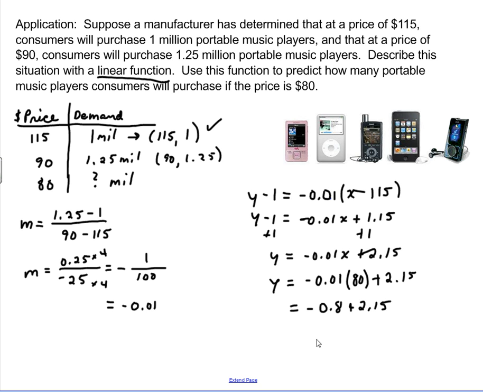Right? And if we do some of the work right here, we're going to find that y is equal to 1.35. So that means that if we set our price at $80, we should expect to be able to sell 1.35 million with this model. That's a lot of portable music players out there.